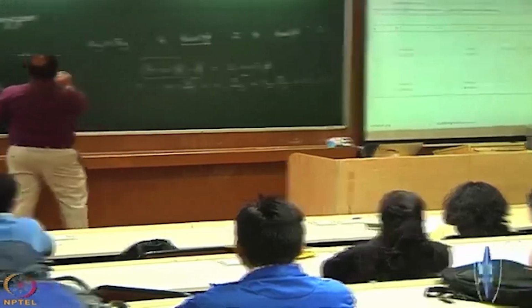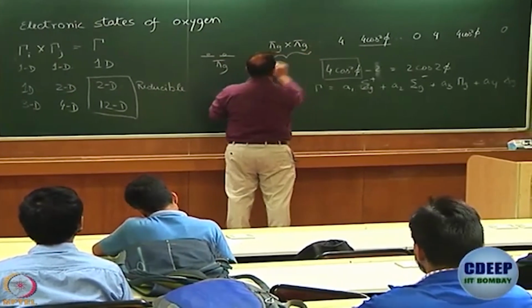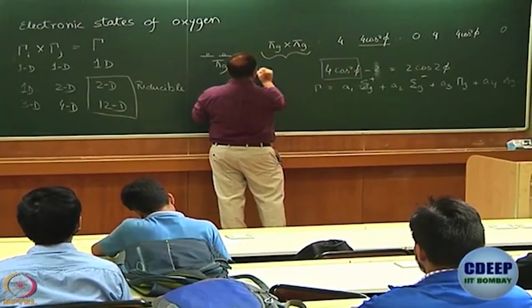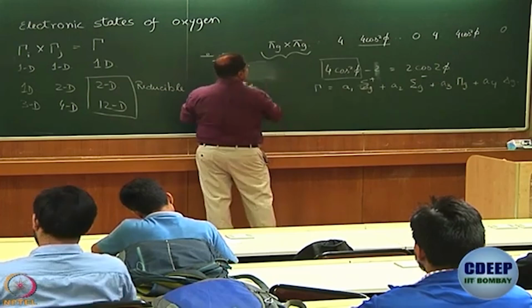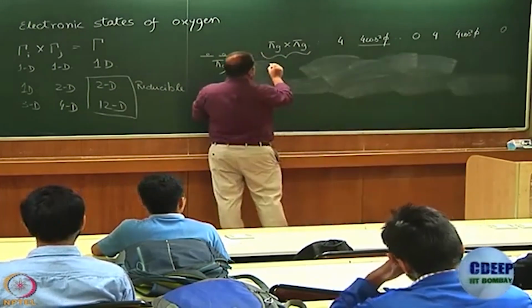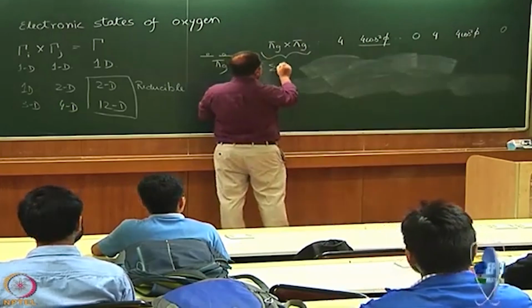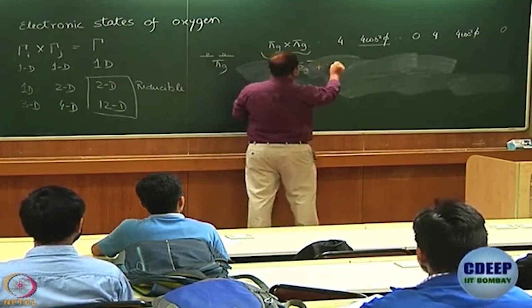So, what we get is that pi G cross pi G gives me, maybe I will write the 1-dimensional reps first, I will erase this because it is not required, sigma G plus, sigma G minus, plus delta G.